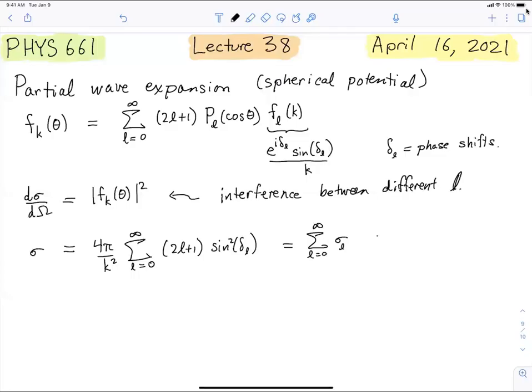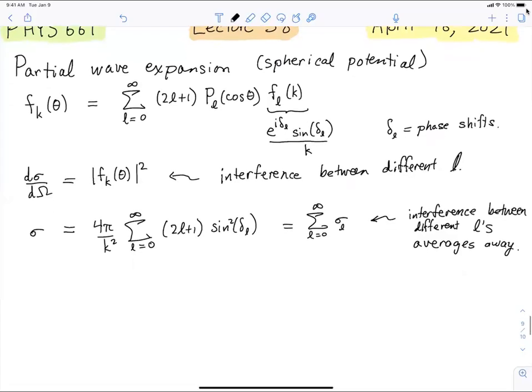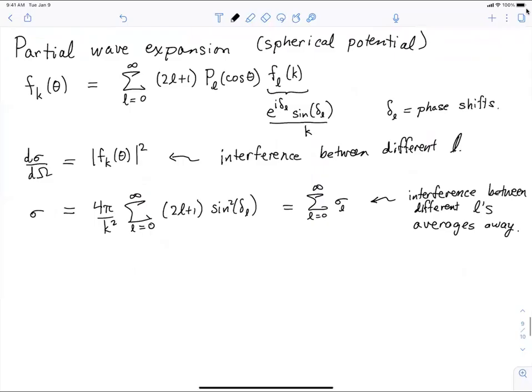And so in the total cross section, the interference between different angular momenta averages away. That's just because we're doing an integral over all theta and all phi, but phi doesn't matter. It just gives a factor of 2 pi. But so the total cross section, you can just separate into these different partial waves.